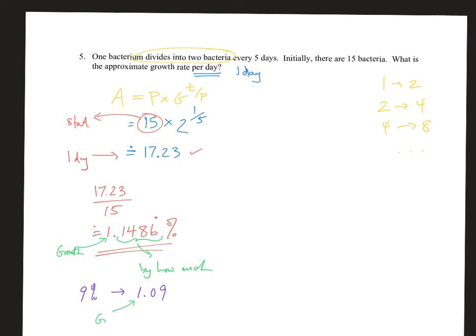There is what tells us we grow. This is what tells us by how much. Then really, this whole thing is not a percentage. That is the decimal form of a percentage. And so I need to take that last portion off, and I would then be able to say, okay, so therefore, at about 14.9%.